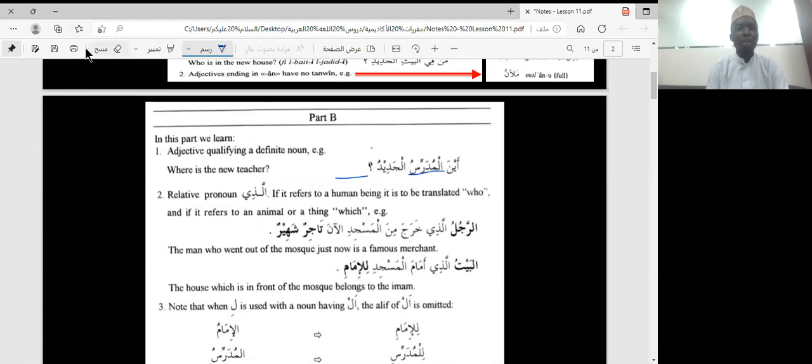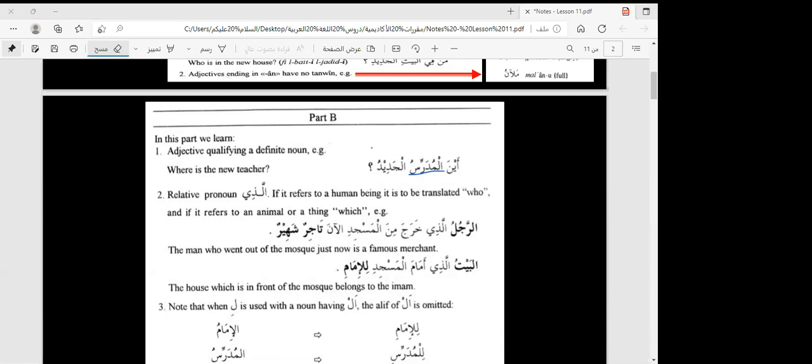Aina al-mudarrisu al-jadidu. Al-mudarrisu here, is it definite or indefinite? It is definite. It's ma'rifa. So al-jadidu must also be what?